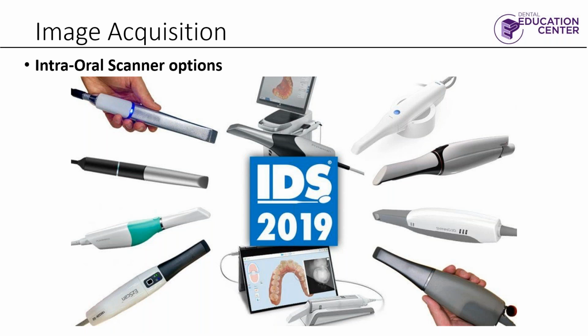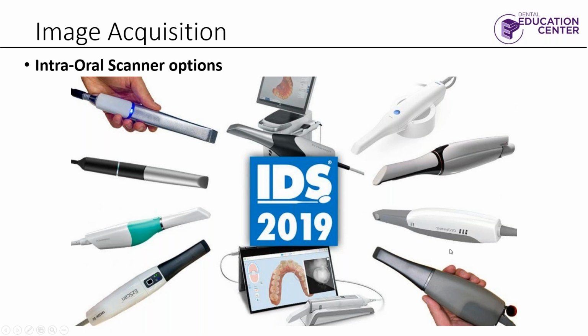I think the intraoral scanner market has come, or is coming, close to maturity. And what happens when things become mature and the accuracy is unparalleled and we can't get any more accurate, down to microns of accuracy, is things just start getting cheaper and faster and easier to use. And I think we're there, or we're going to be there very soon.